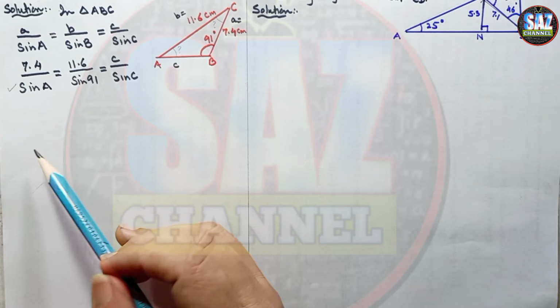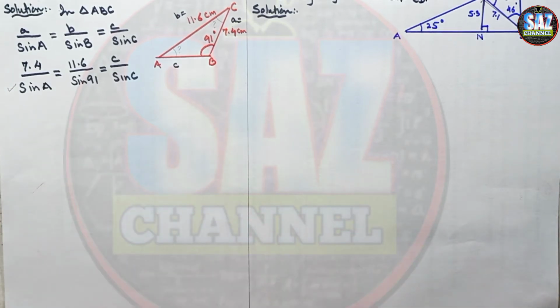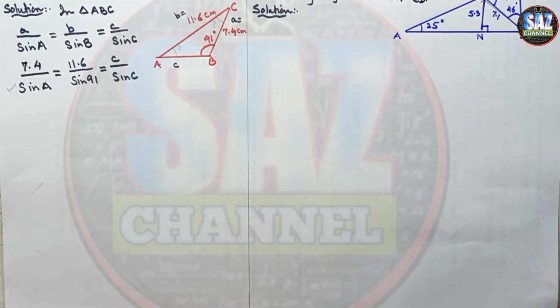So in the beginning, in order to get the angle A, we will be equating 7.4 upon sine of A with 11.6 upon sine 91.